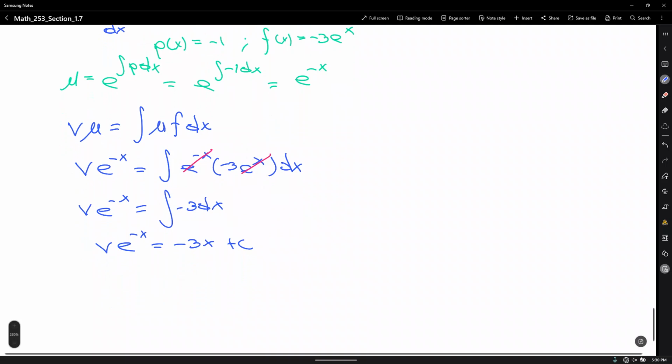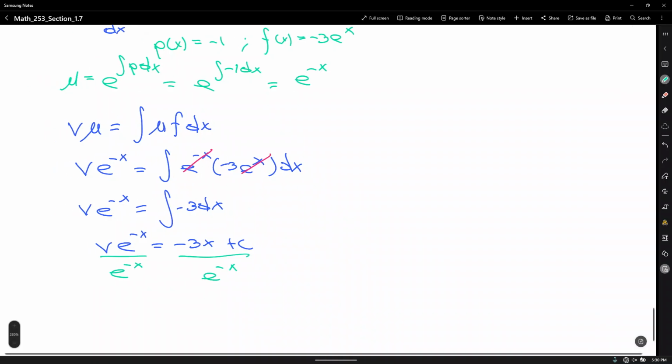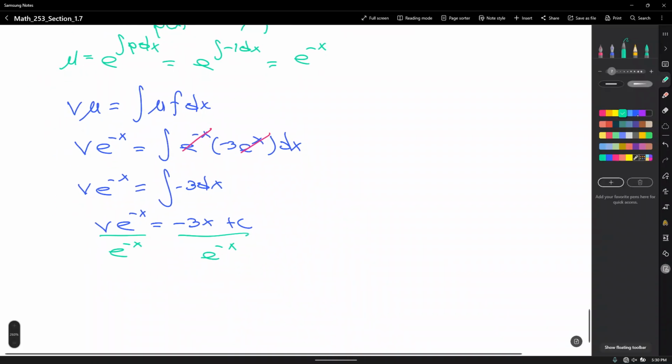Let's just solve for v and back substitute for v. I'm going to divide both sides by e to the negative x, and this will be v equals negative 3x e to the x plus c e to the x. I'm also moving the exponential to the numerator with a positive exponent. So back substitute for v again. What did we substitute for v? y to the negative 3. So y to the negative 3 equals negative 3x e to the x plus c e to the x.